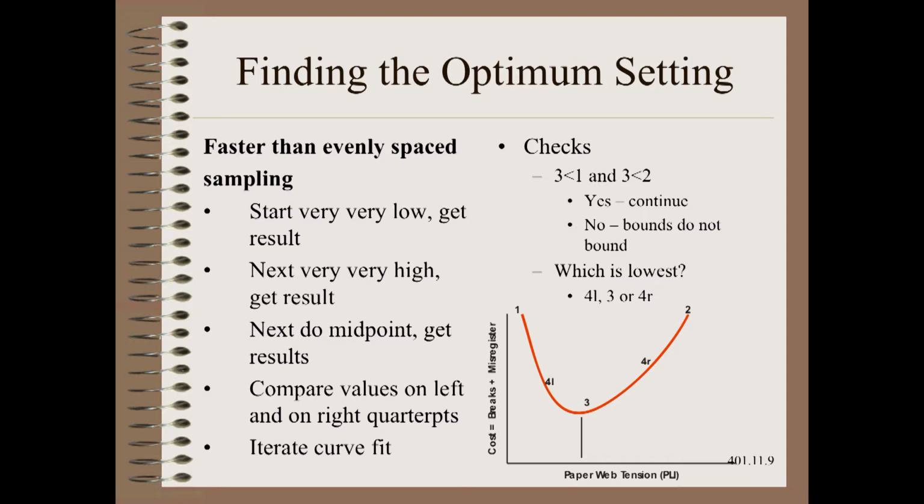This may be cost or defect rate or customer complaints or something else that is both important and quantifiable. Next, you run a trial at the two ends of the independent variable that you've obtained by bounding, as we've just discussed. Then you run a trial at the midpoint.